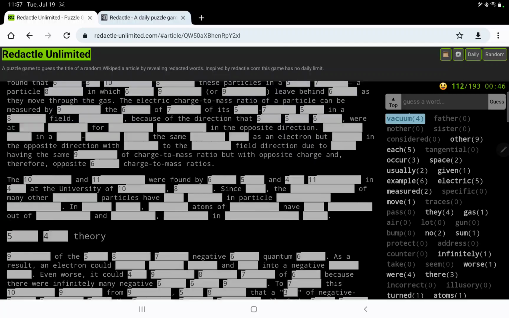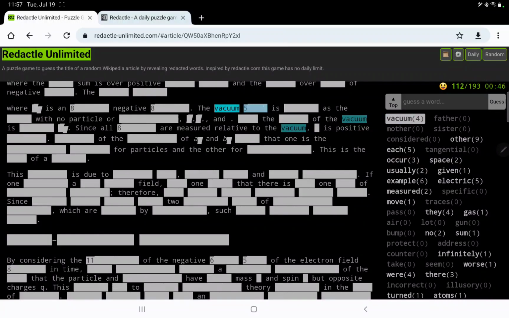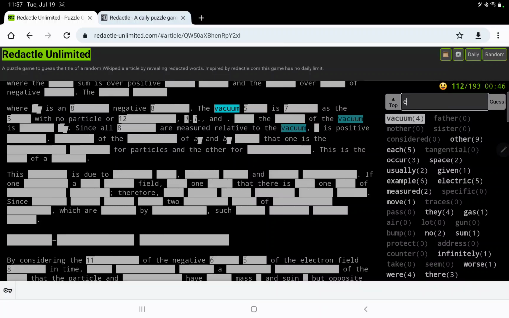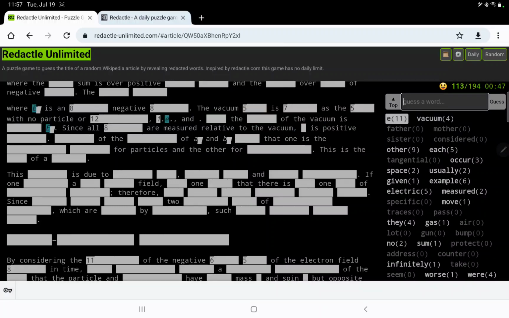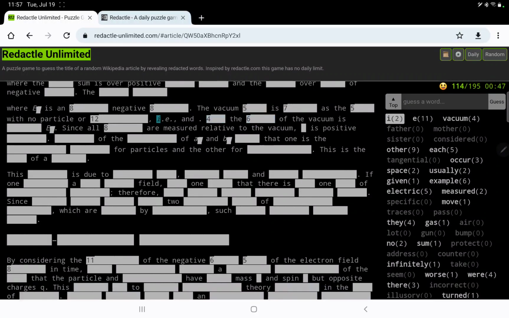Were any experiments done in a vacuum? The vacuum something is something as the something with no particle or something. And then we have something. Is that EG or IE? Must be IE. And period for the something of the vacuum is something.